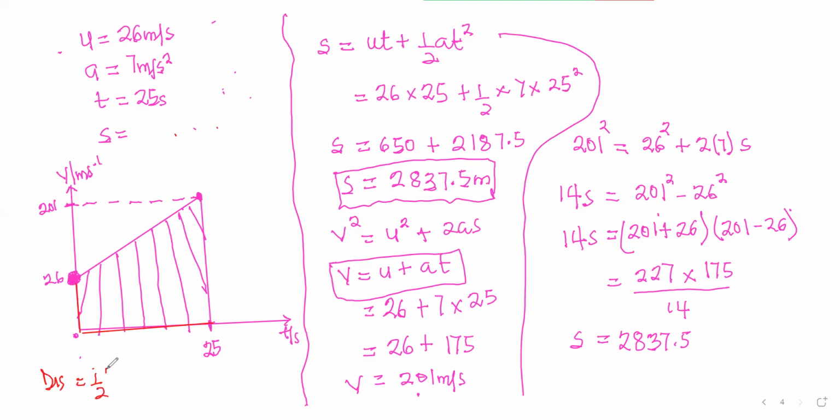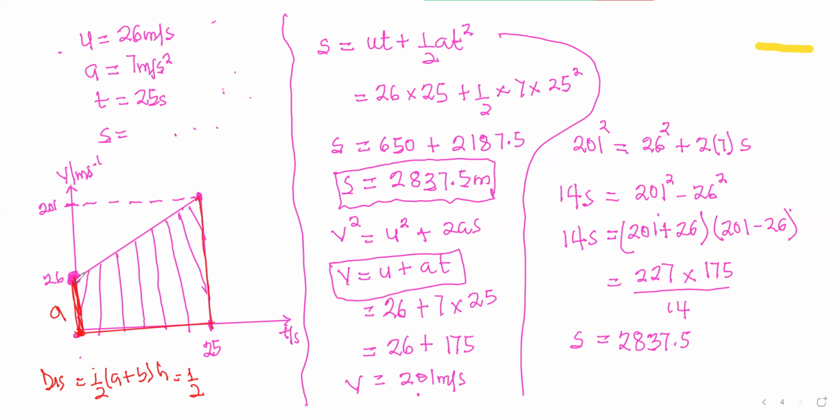Half (A plus B) times H. A is this part, one of the two parallel sides, this side. This is A. And then B is this whole side.